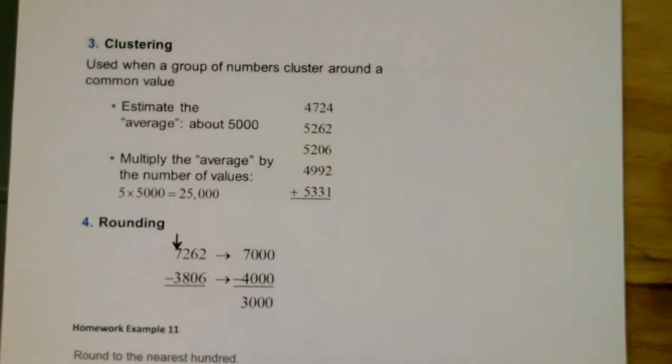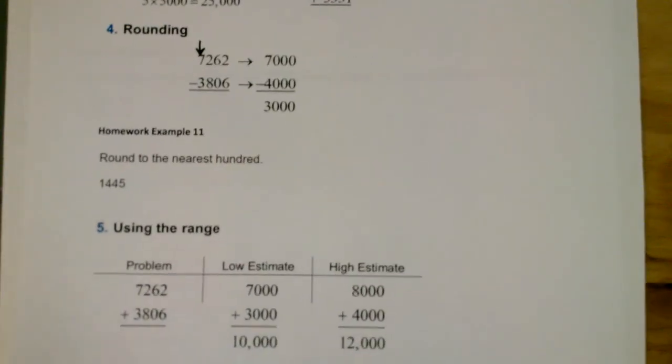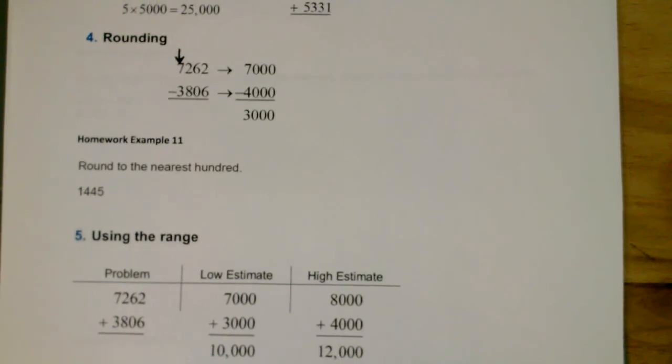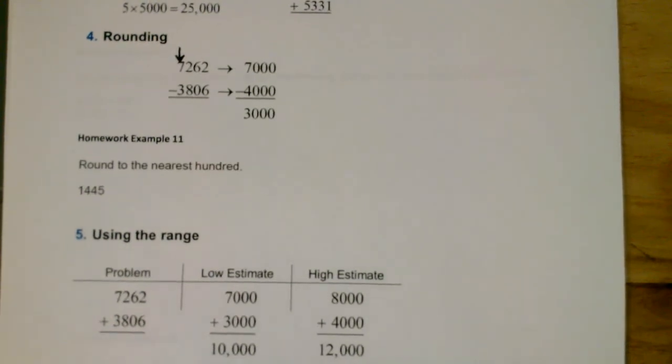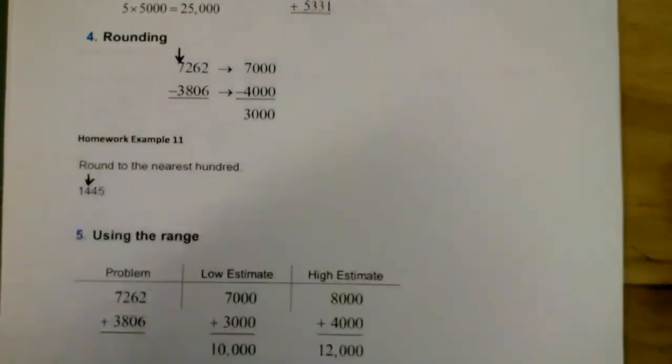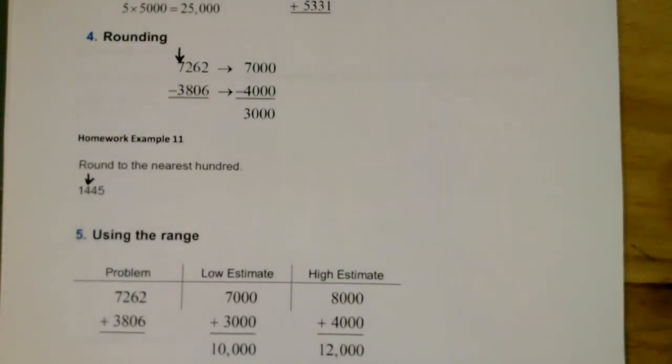Okay, now in this homework example, we're going to round to the nearest 100. You're just going to get some idea of rounding to the nearest place value position that's indicated. So here to the nearest 100 is what we're trying to round for 1,445. Well, we look at the digit that's in the hundreds place, that's a 4.